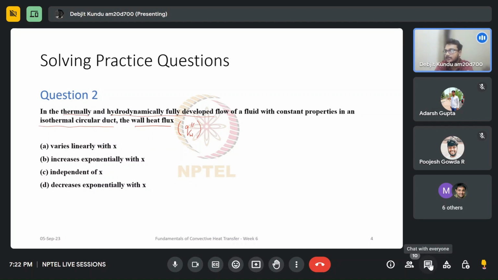Does it vary linearly with x? Does it increase exponentially with x? Is it independent of x, or does it decrease exponentially with x? So q_w is a function of x. What kind of a function of x is the question.